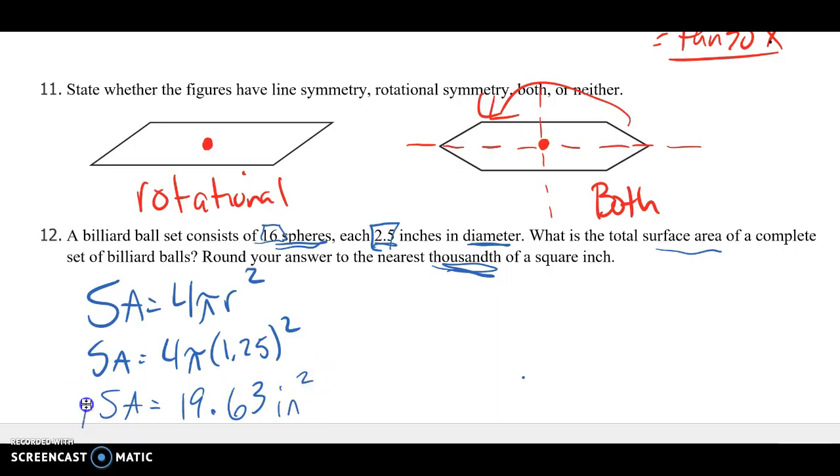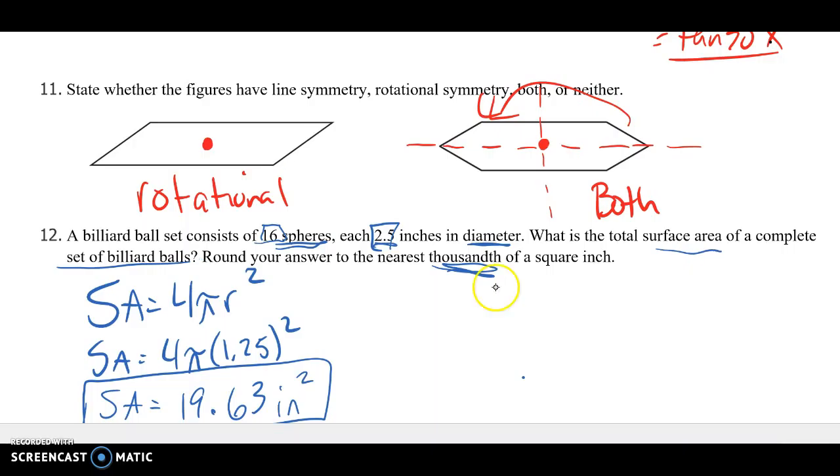But remember, that's only the surface area of one, so that's not going to be our final answer. There's 16 of these balls, and they want the total surface area of the complete set of billiard balls. So they want all 16 of them. So we just take that 19.63 and multiply by 16.